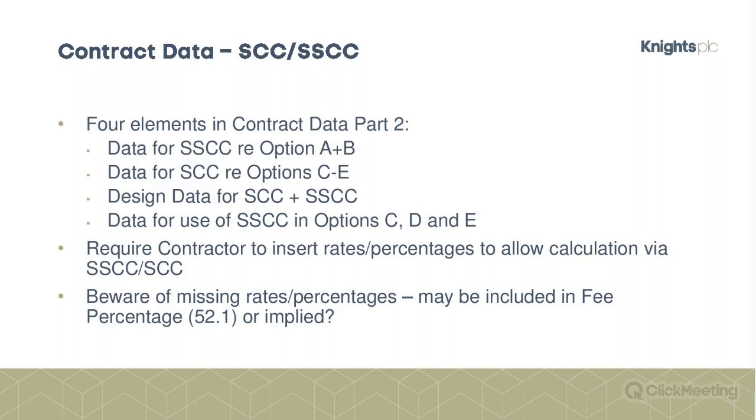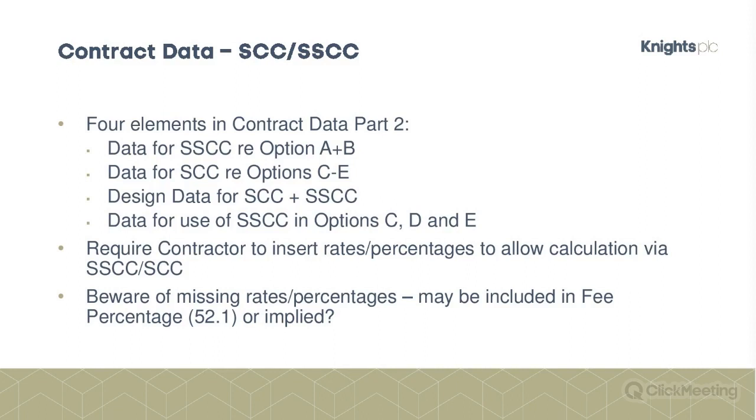For the design data, you fill in both. And for C, D and E, you would also fill in the shorter schedule of cost components. Now, it's a bit tedious, but if you're not familiar with contract data part 2, go through it logically, bear in mind which contract you are under, A, B or C, D and E, and it's pretty clear which parts you need to complete.